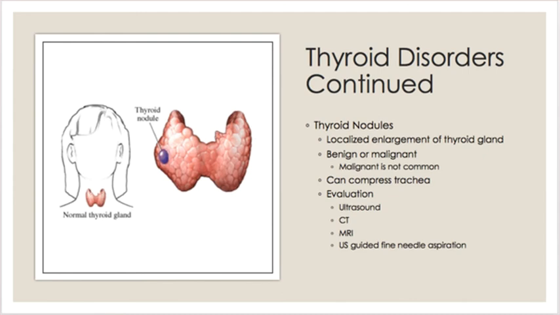The problem with these and the problem with a goiter is they can compress the trachea. So if untreated, unmanaged, it could cause some pretty serious damage. They're evaluated using ultrasound, CT, MRI, and ultrasound-guided fine needle aspiration.